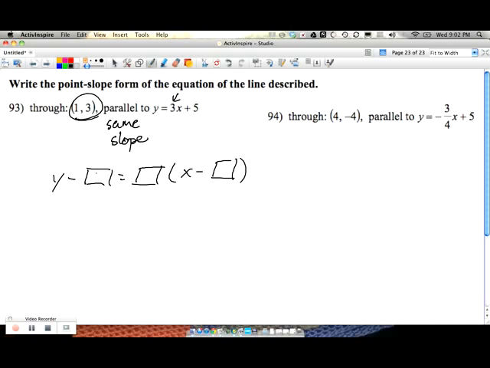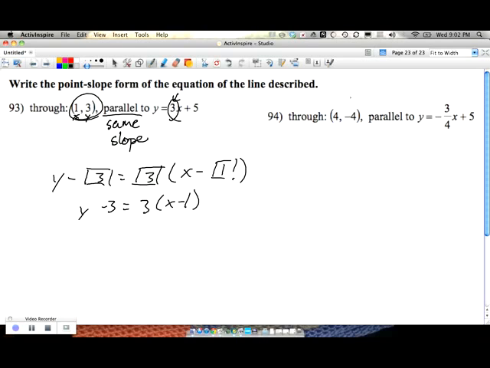That y value is going to be 3. The slope is going to be the same because it's parallel, so that's 3 as well. And then the y value is going to be right here, so 3. Well, that's kind of interesting. Oh no, x. What am I missing here? It's the x value. The x value, which is 1. So it's y minus 3 equals 3 times x minus 1.